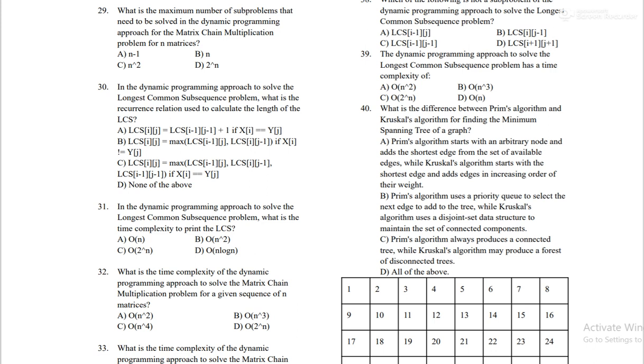If the condition x of i not equal to y of j is true, then LCS of i,j, a function which takes i and j as input, is the maximum of LCS of i minus 1, j, that is the previous column and the same row, and LCS of i, j minus 1, that is the previous row and the same column.